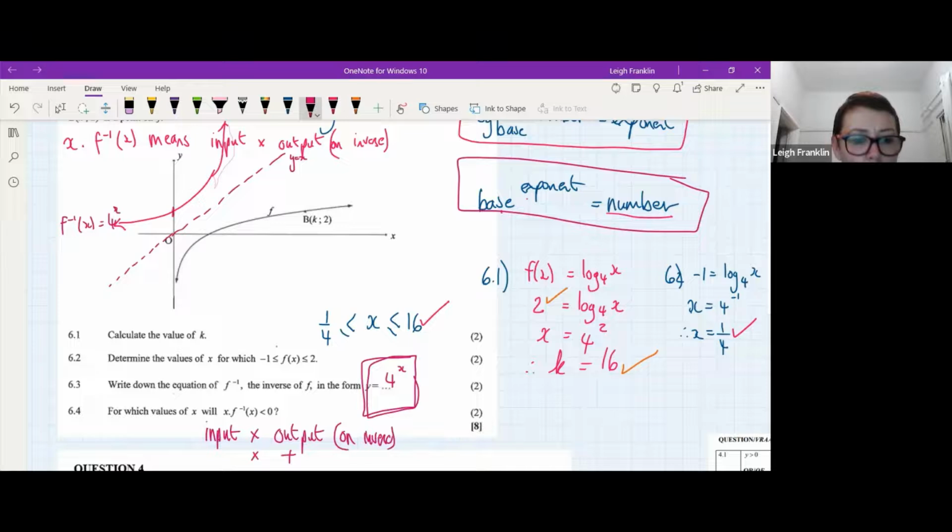So we can only consider those values of x that lie to the left of the y-axis, because then a negative input times a positive output will give us this negative that we want overall. Does that make sense to you? So when they say to us, for which values of x is this going to happen? It's going to happen when x is smaller than 0. Does that make sense?